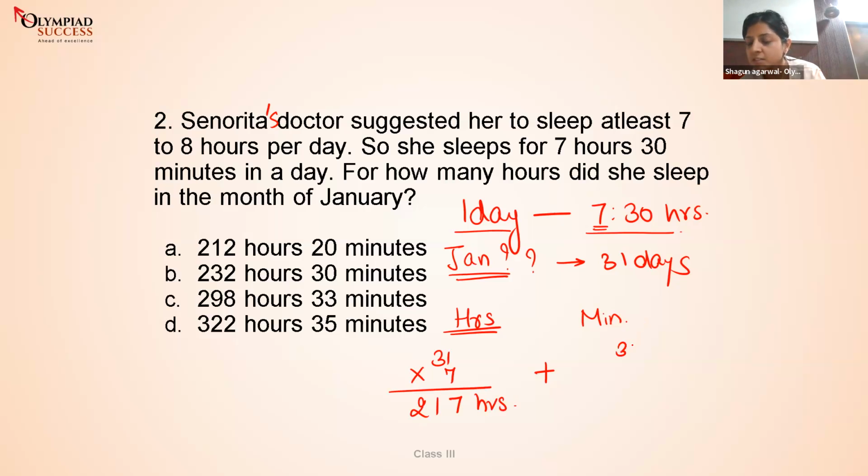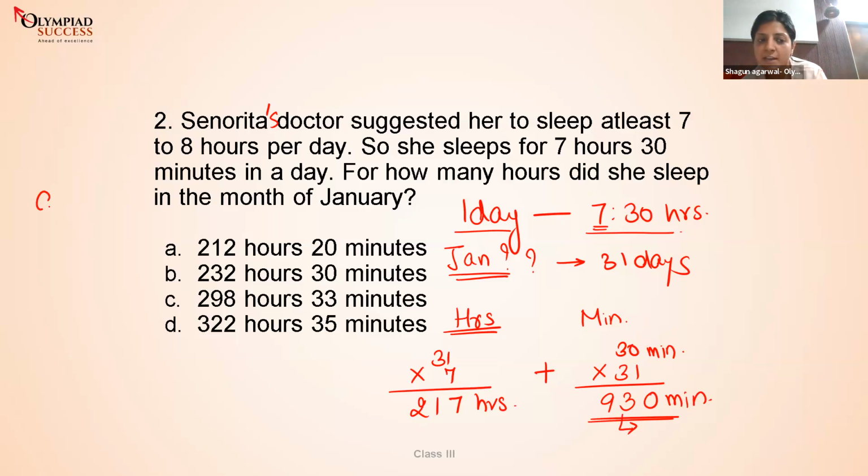Now what about the minutes? It's 30 minutes, or can I say it's half an hour? 30 minutes into again 31. 30 into 31 would give me how much? 930 minutes, correct? Yes. So now I will have to convert these 930 minutes into hours.